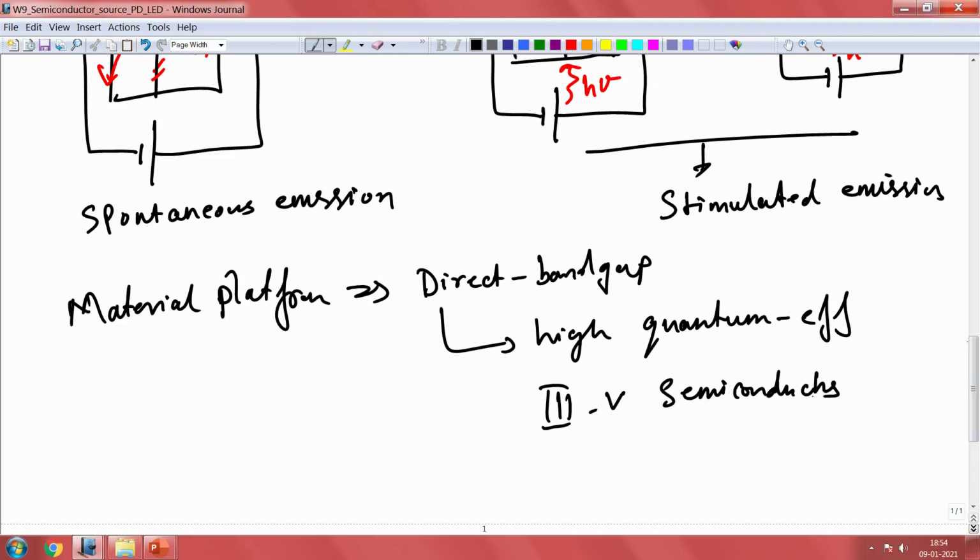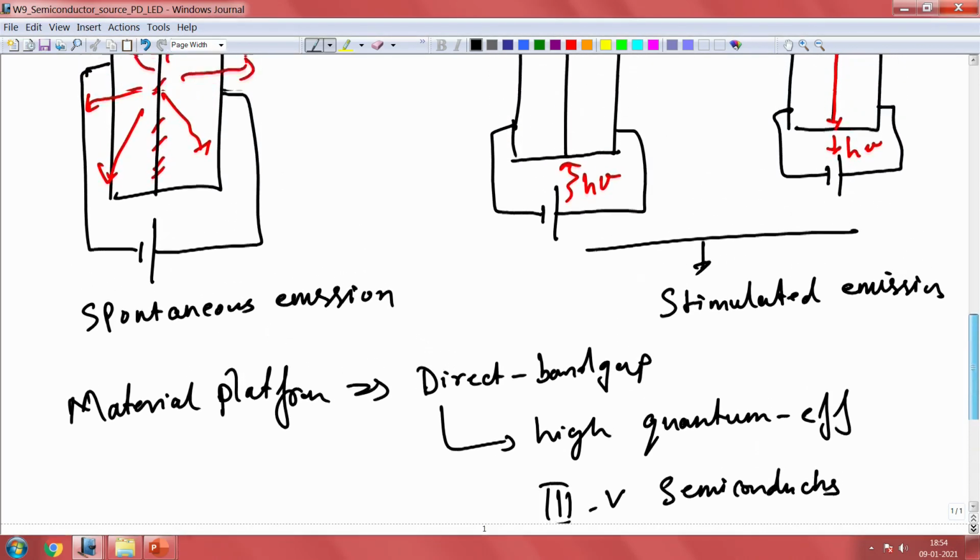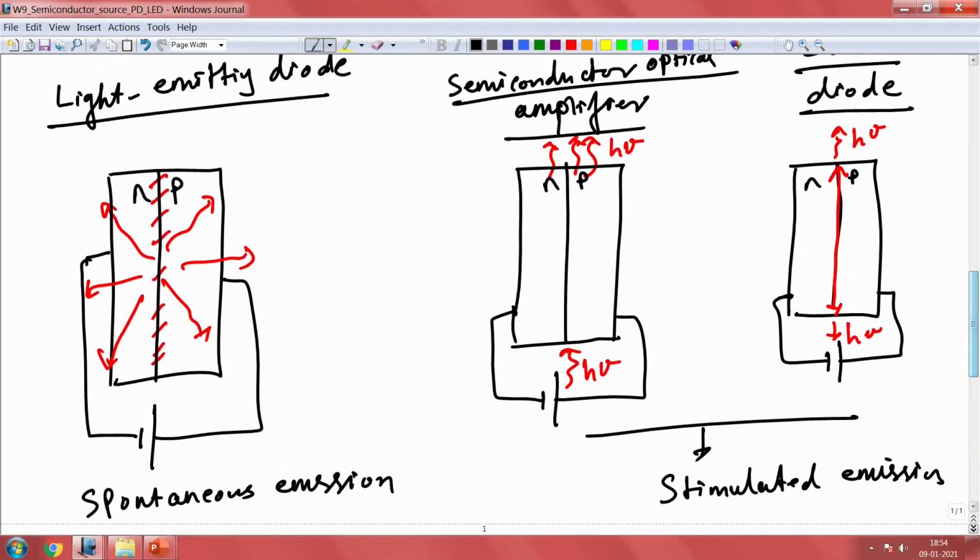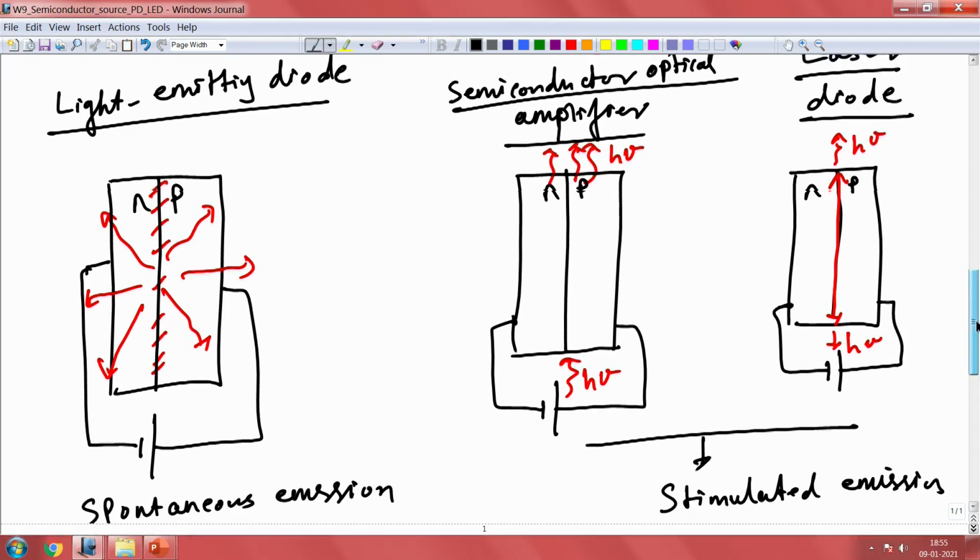As already mentioned in our earlier lectures, the spontaneous emission is going to be unpolarized or randomly polarized incoherent light that is going to come out from an LED, and LEDs do not have any kind of threshold. It starts emitting as soon as you start conducting.